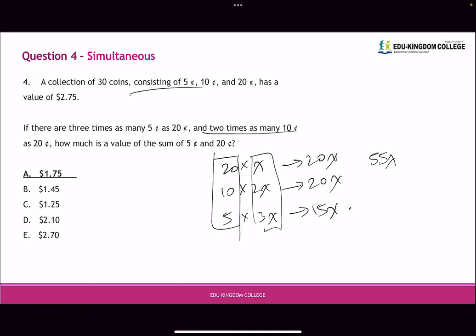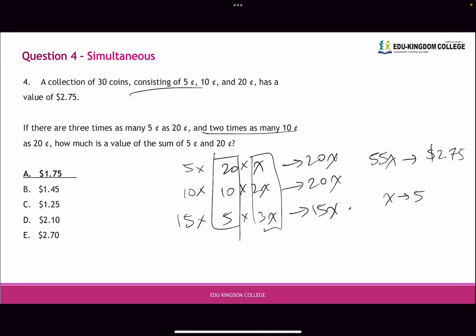When we multiply the number of coins by the value of each coin, we should get $2.75. So 55X equals $2.75, which means that X is equal to 5. So we have 5 20-cent coins, we have 10 10-cent coins, and we have 15 5-cent coins.